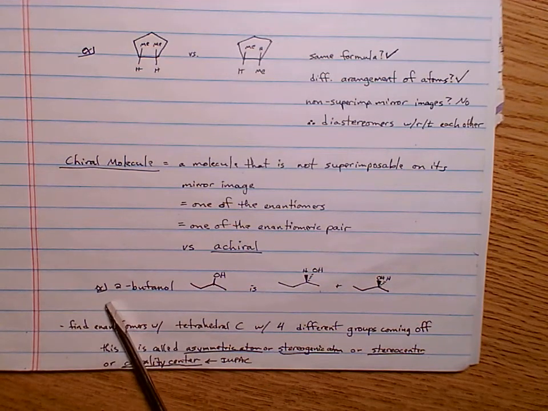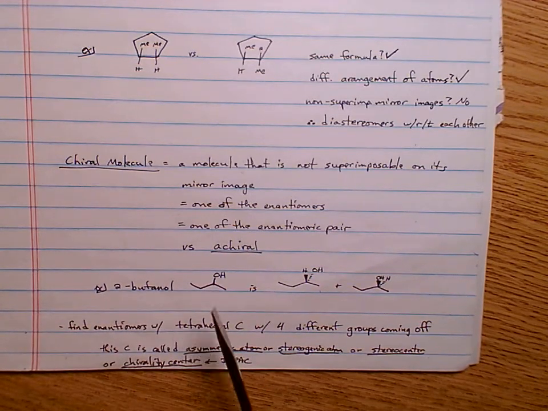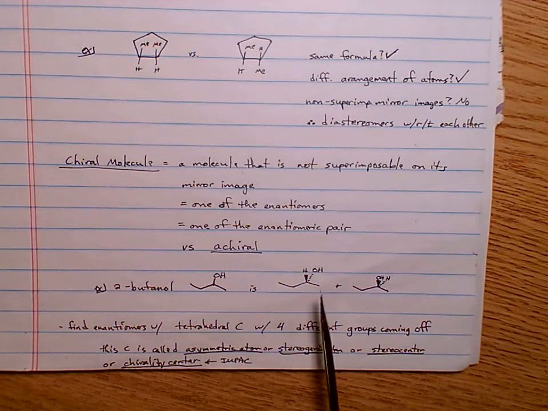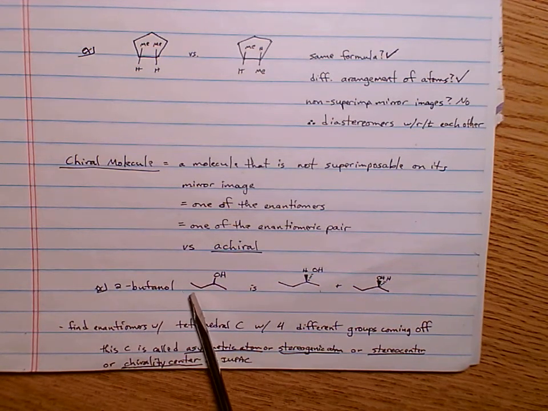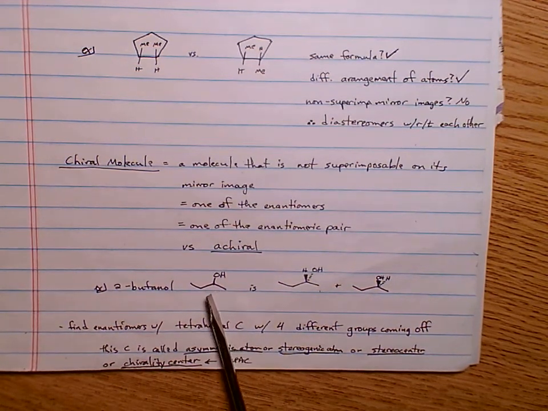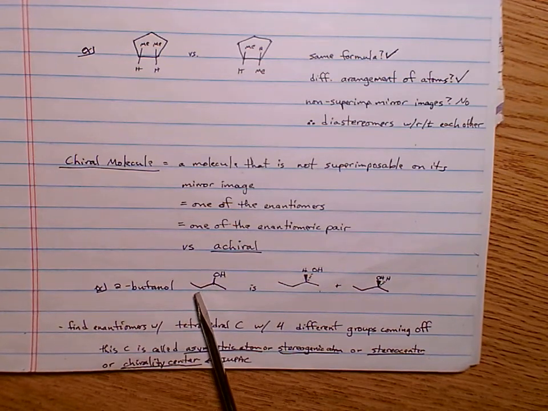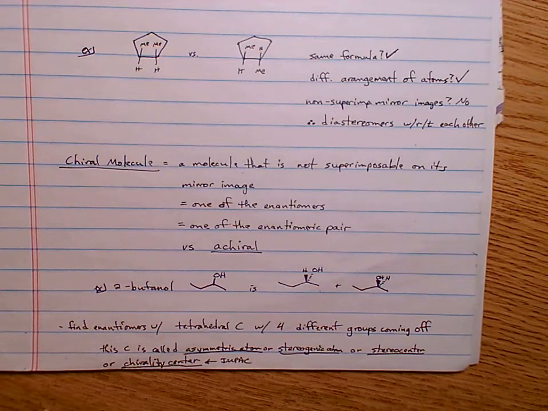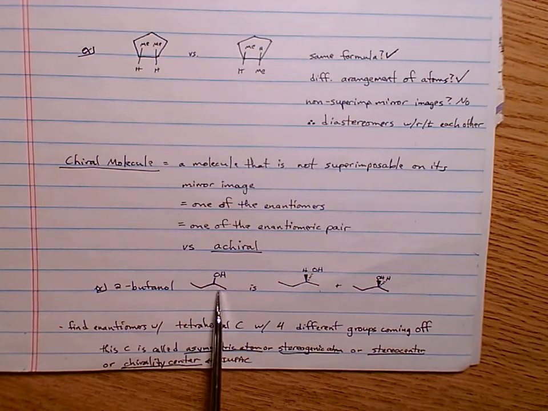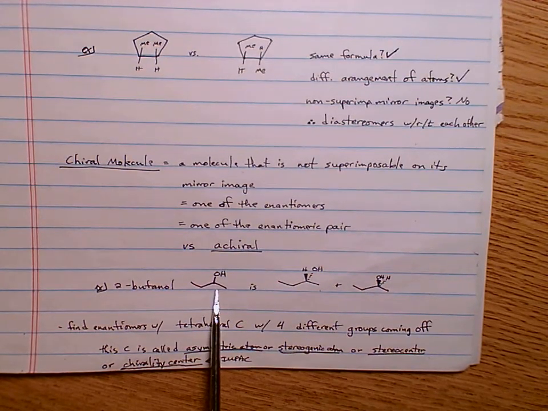So here's an example of 2-butanol, where you just have, okay, here's our molecule. We have an ethyl, and well, here's our butyl group. The second carbon has the OH on it, the hydroxyl group on it. And when we draw that, we realize, well, when we drew it this way, we didn't really look at the 3D orientation.